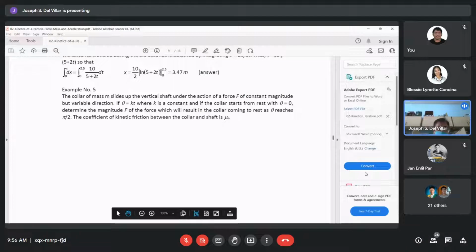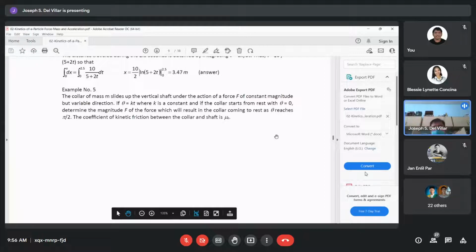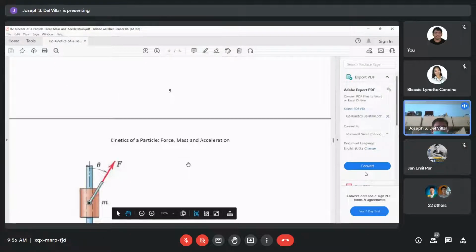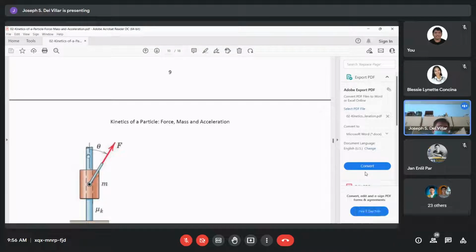Basta starts from rest, when you see starts from rest, always the initial velocity is zero. So if it starts from rest, of course the angle theta is 0 degrees. That means if the velocity is 0 and the angle is also 0, the force coincides with the shaft. The force is here, vertically upward also. So that is the initial condition.